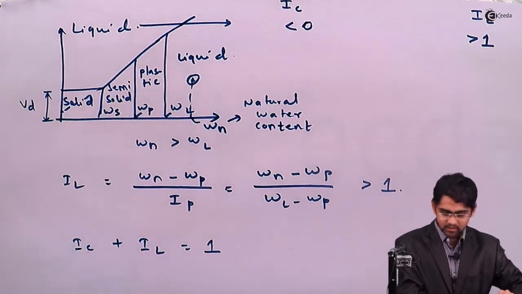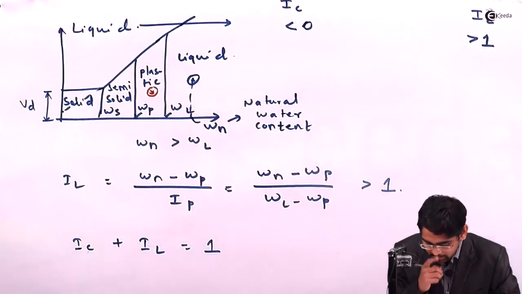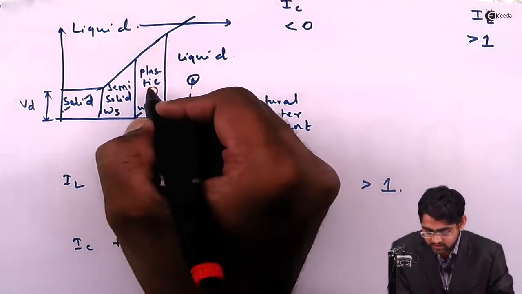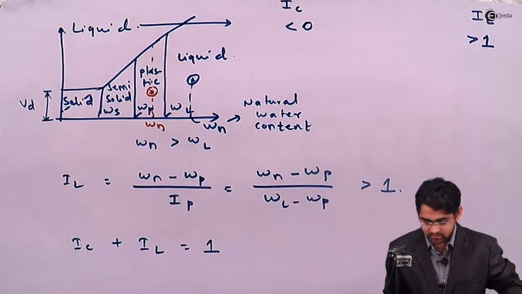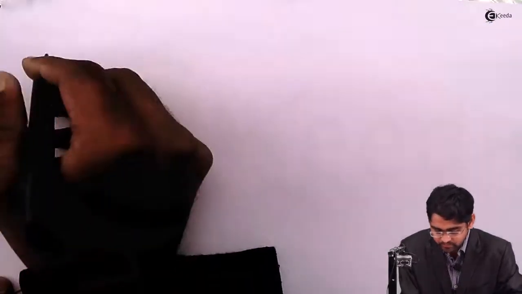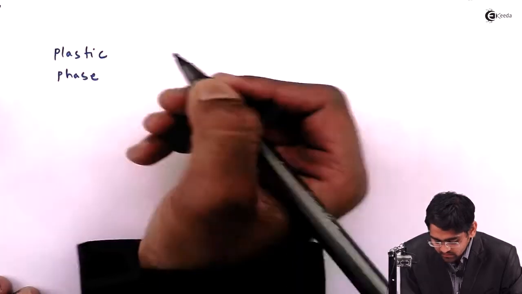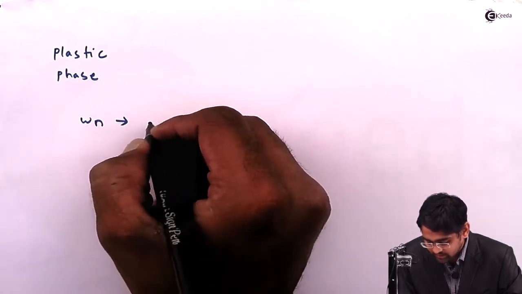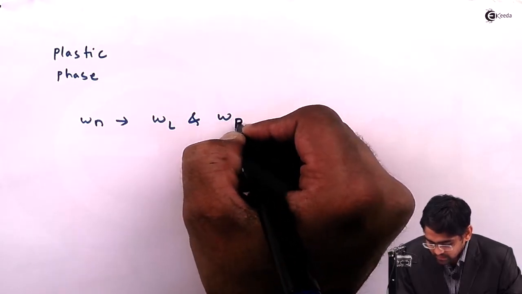In the next case, if you have the natural water content in between the liquid limit and plastic limit, that means it is in the plastic stage. So for the plastic phase, the natural water content is in between the liquid limit and plastic limit.